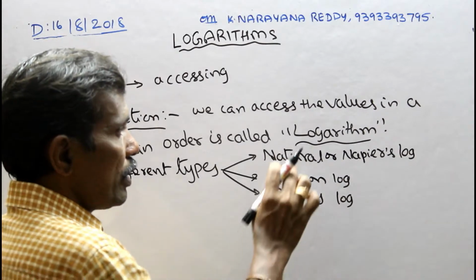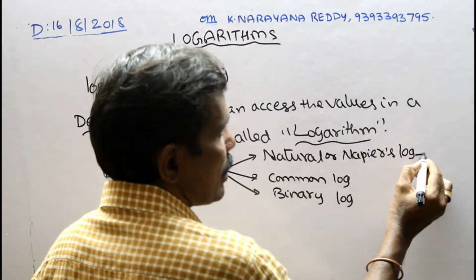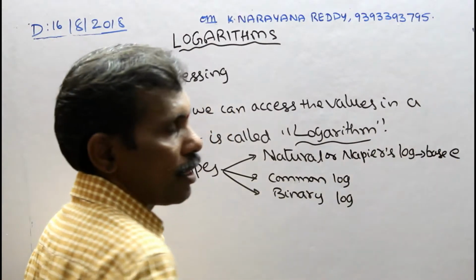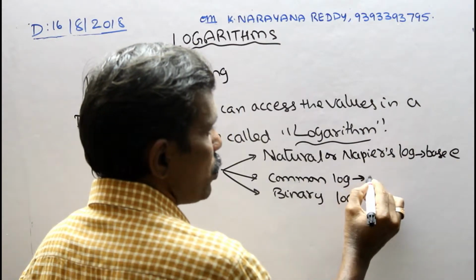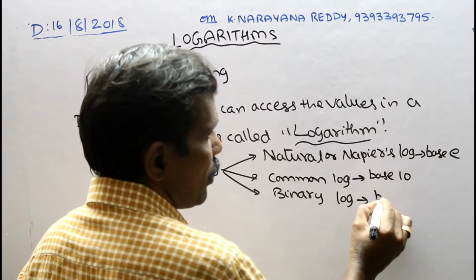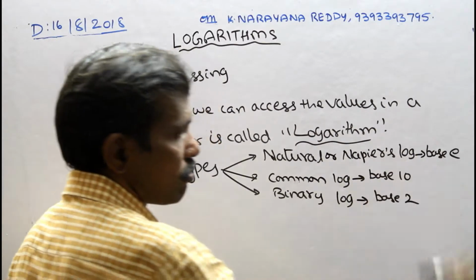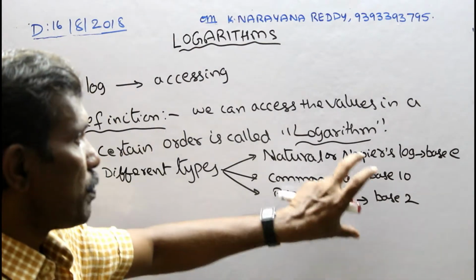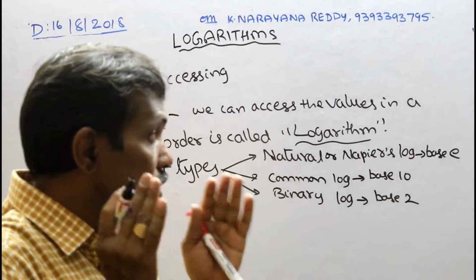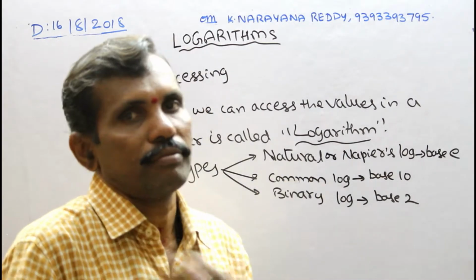In one case, we use the base as e. In another, we use the base as 10. In the other, we use the base as 2. That is the difference between these 3 logarithms, and this difference must be observed carefully.